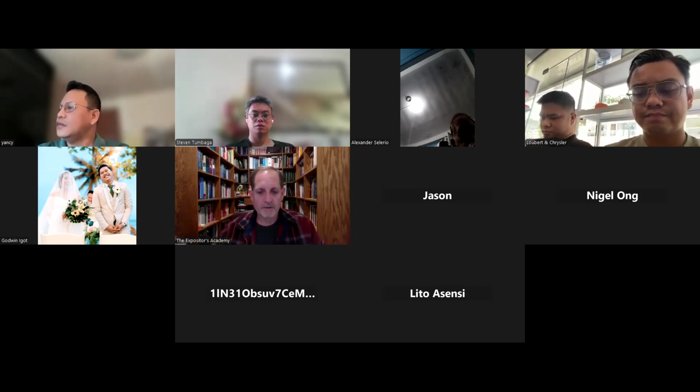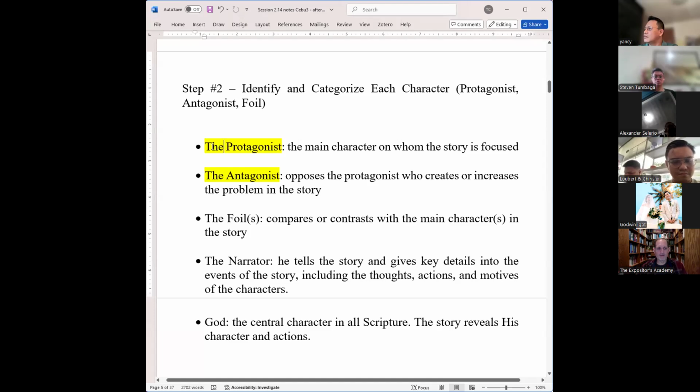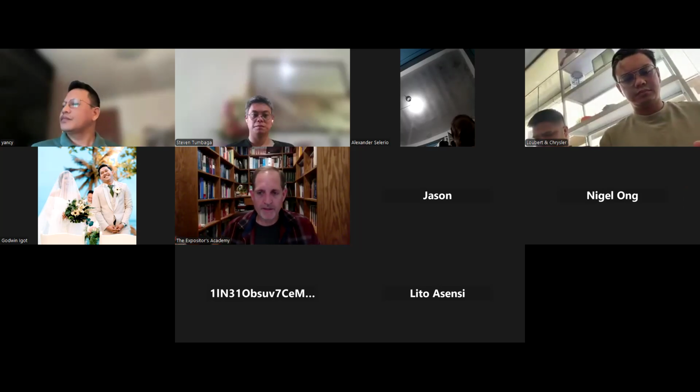All right. And so with that, we identify the main characters by the problem in the story: the protagonist, the main character, the antagonist, and then we have this group called the foils. Now, the foils are sometimes a little bit more challenging to figure out because you have other characters in the story, right?